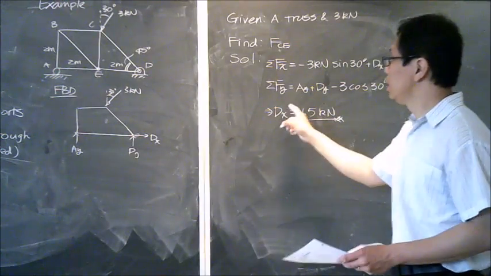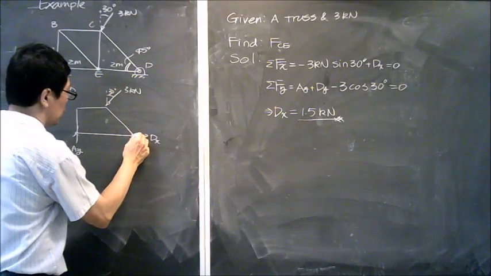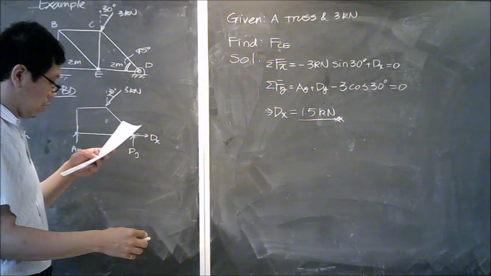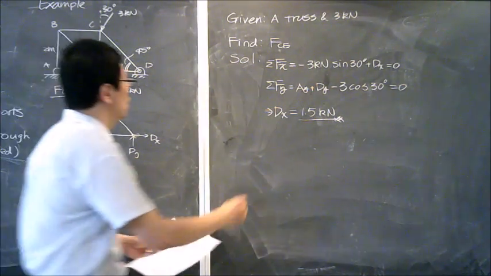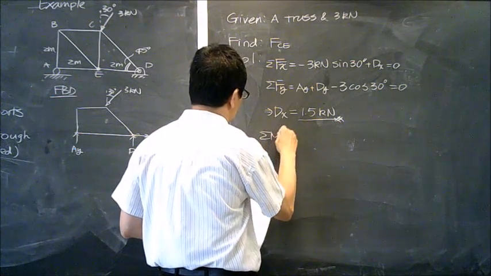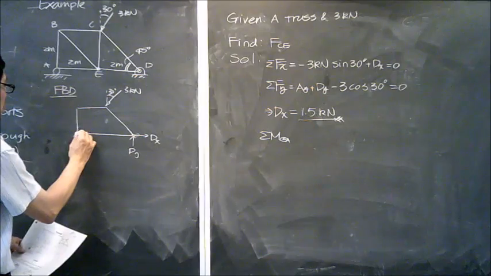And for the other forces over here, I would like to use A or use D, it doesn't really matter. I can use the moment at A, which is this one.